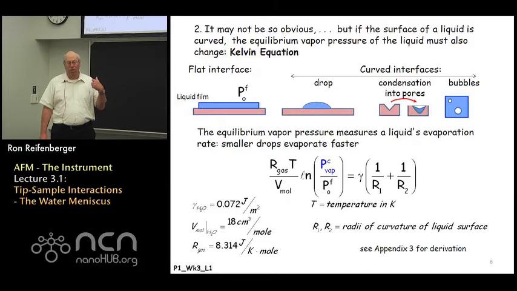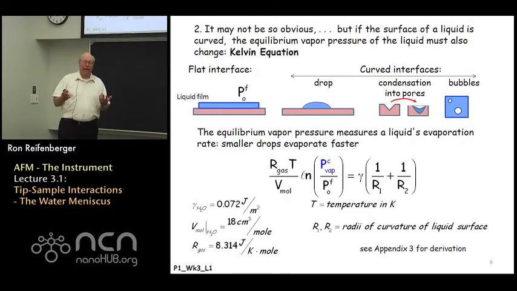But the fundamental result is that the ratio of the vapor pressure above a curved surface to the vapor pressure above a flat surface can be described in terms of this equation that's displayed on this slide. The two important parameters that describe the ratio of this vapor pressure, actually it's the natural log of this ratio of vapor pressures, are the radii of curvature R1 and R2 of the liquid vapor interface.